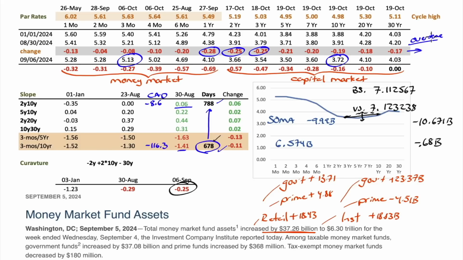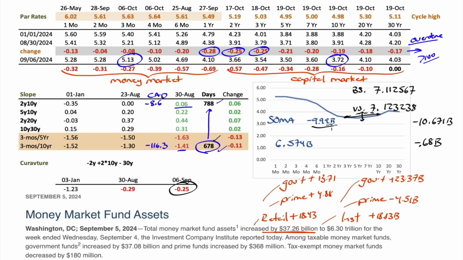Oh, we're going to front-end cuts. It's going to be 50 basis points followed by 50. Off to the races we went. Overdone. Unless you get some exogenous shock, this is massively overdone. I think the market has gotten way too ahead of itself. You got TLT over $100 on this one.